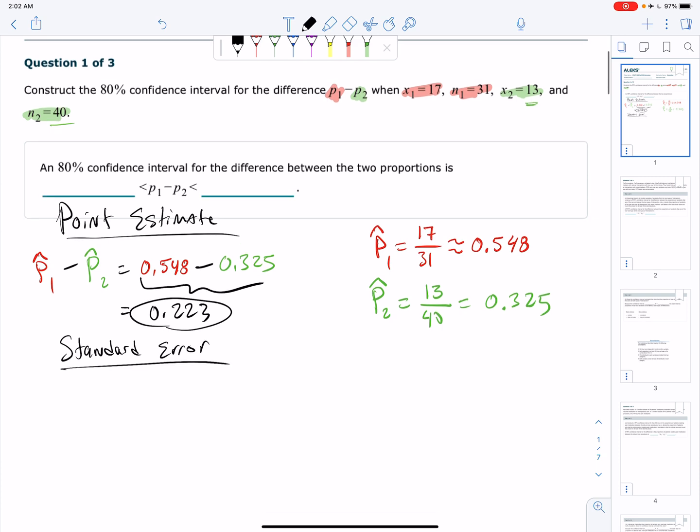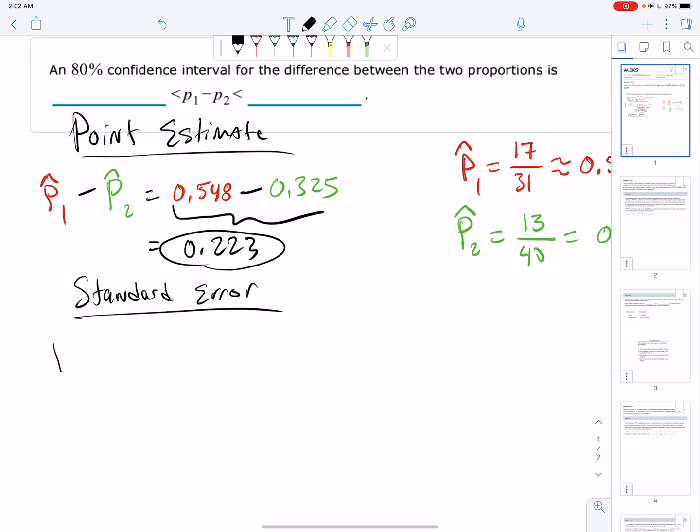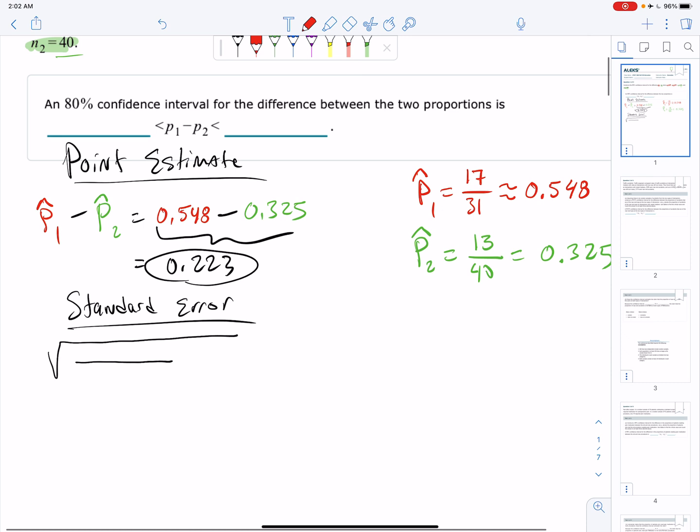So the standard error is going to be this square root of what? Well, it's going to be the square root of our sample proportion from our first sample, which is 0.548.